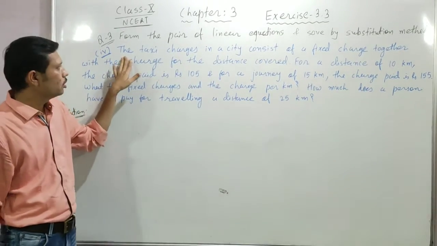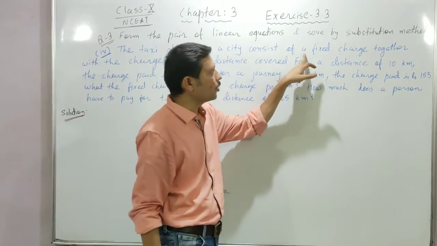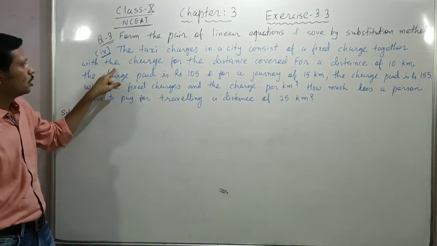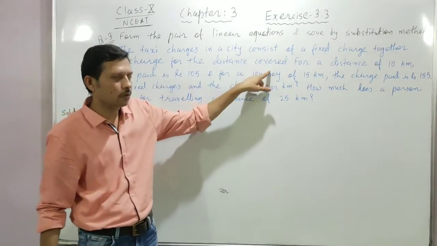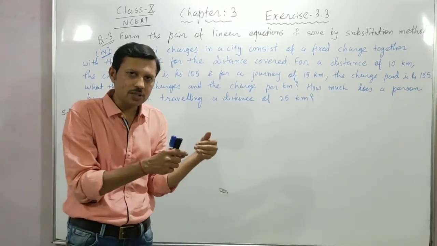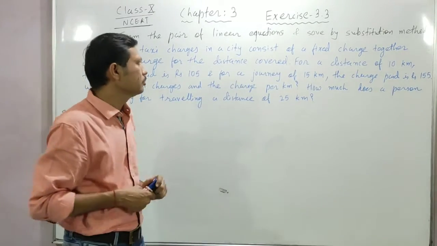The question is, the taxi charges in a city consist of a fixed charge together with the charge for the distance covered. That means a taxi fare that includes the sum of the fixed charge and the charge for the distance a person traveled.